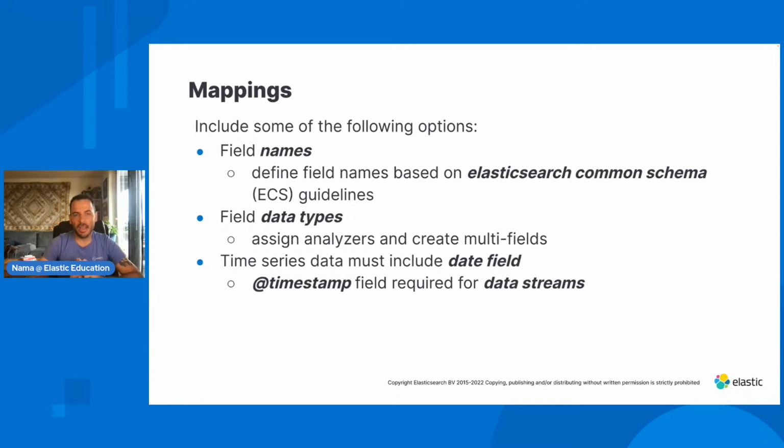Data types, multi-fields here, assign analyzers here, all kinds of cool things that we can do. Depending on the data type you have for a field, we can use it for different apps like Kibana and such. The last one I'm going to mention is the date field, the @timestamp. Anytime we're trying to, quote unquote, classify an index as time series data, it means it has a timestamp: what is old compared to what is new? Even data streams themselves can't really get created until you see this timestamp field.